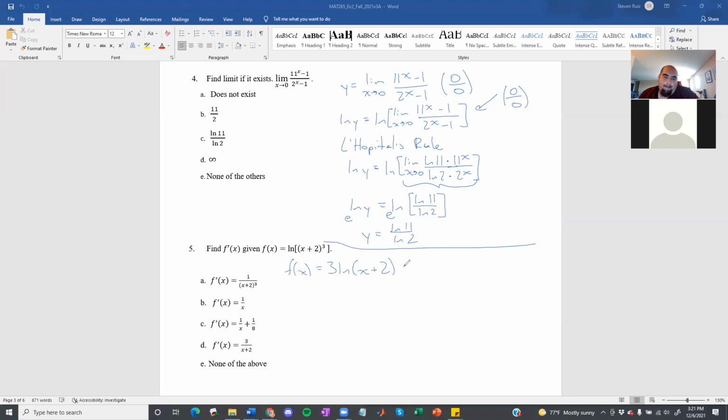So the derivative of natural log would just be 1 over x. Plug in the x to the bottom, so it'd be x plus 2. And I can already see the answer, and that should be D. Yep. And that one was significantly easier.